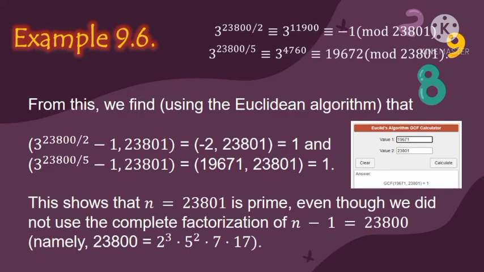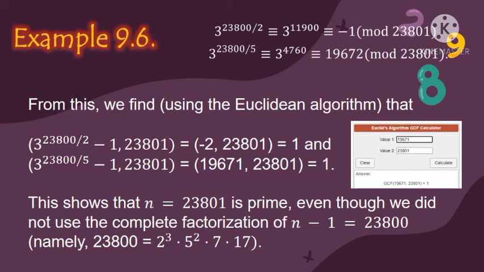From this, we find using the Euclidean algorithm that the GCF of 3 raised to 23,800 divided by 2 minus 1 and 23,801 is equal to negative 2. Why negative 2? Because 3 raised to 23,800 divided by 2, from the solved example above, is equal to negative 1, and negative 1 minus 1 is equal to negative 2.